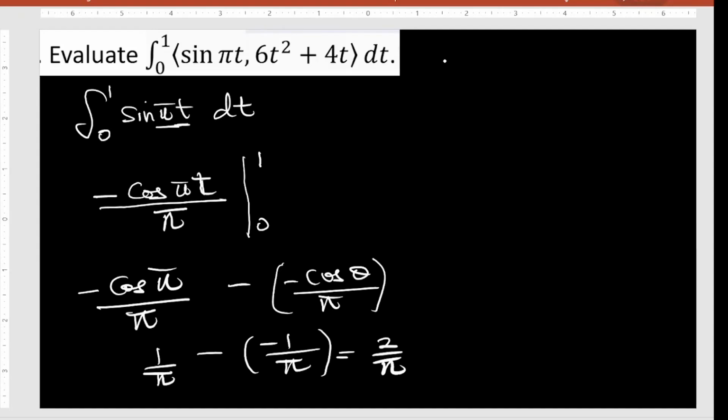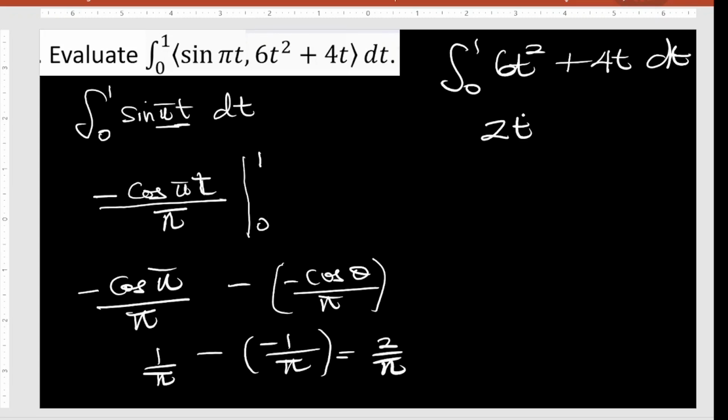We'll look at the second component function. We are integrating from 0 to 1 of 6t squared plus 4t with respect to t. This will yield 2t cubed plus 2t squared from a lower limit of 0 to an upper limit of 1.